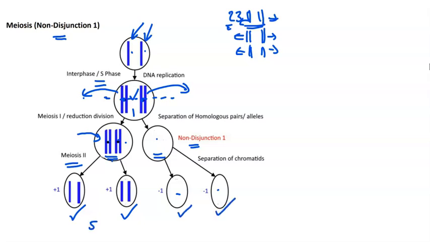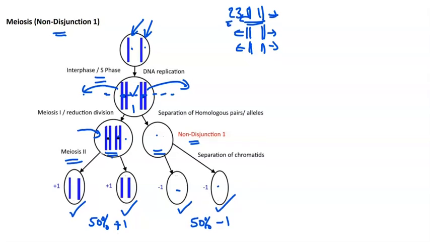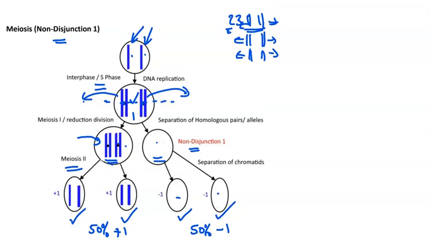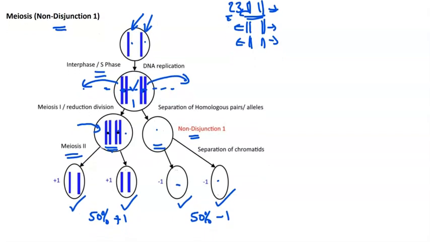So 50% of the gametes would be plus 1 chromosome, and on the other side, 50% of the gametes would be minus 1 chromosome. So having an extra chromosome in the gamete or 1 chromosome less in the gamete, one could predict is going to have consequences in a fertilization.